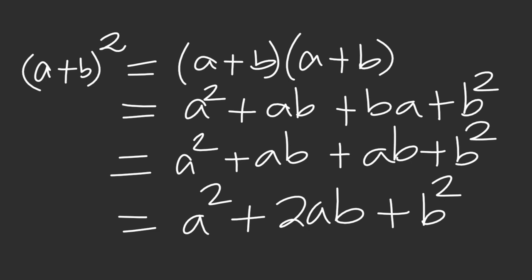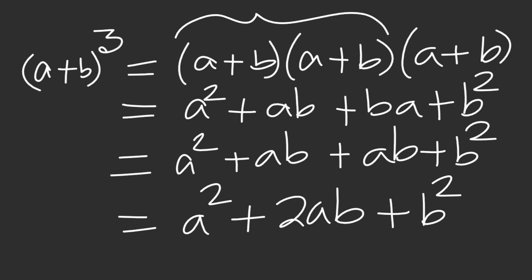Now what if instead of (a plus b) whole square it was whole cube? So removing this 2, if it was 3, then we would have to multiply another (a plus b). But we know that (a plus b) into (a plus b) we just did, which is equal to a square plus twice ab plus b square.